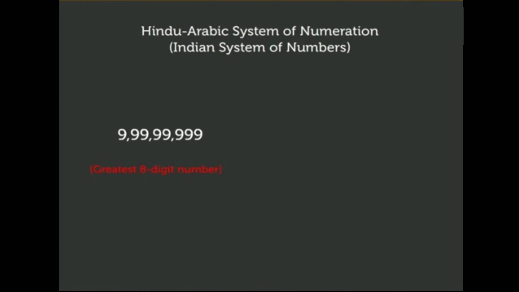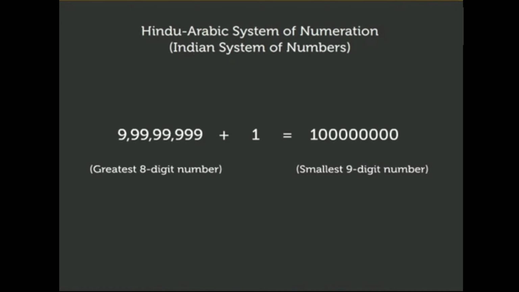Similarly, the greatest 8-digit number is 9,99,99,999. And when 1 is added to it, we obtain the smallest 9-digit number like this, and we write it as 10, 00, 00, 000, and we read it as 10 crore.